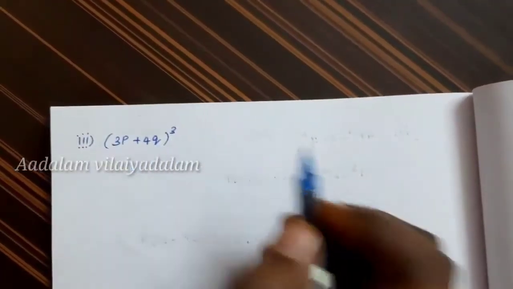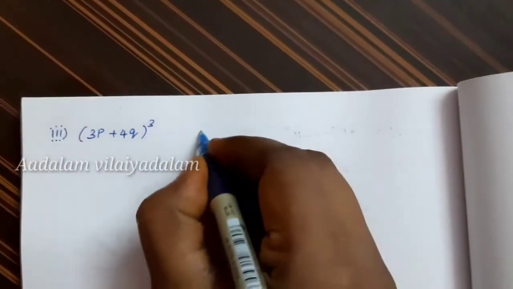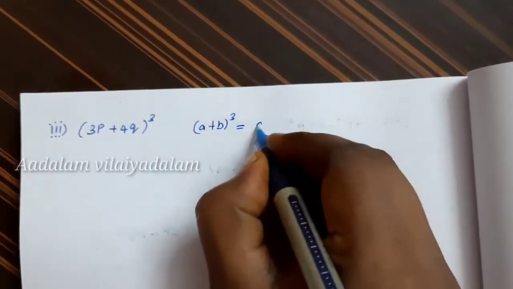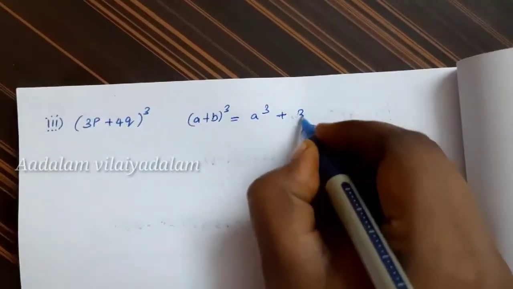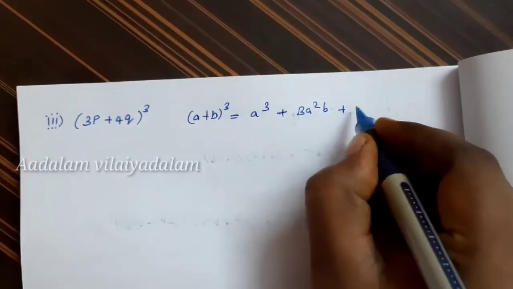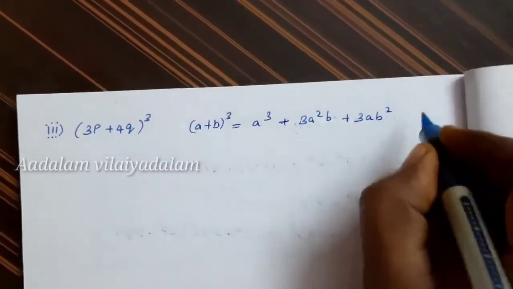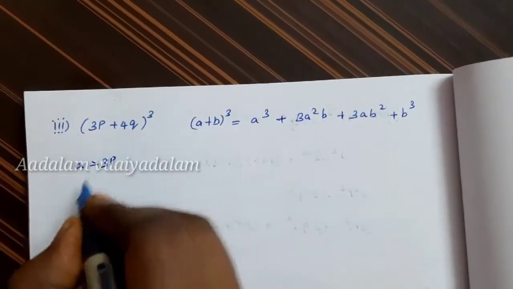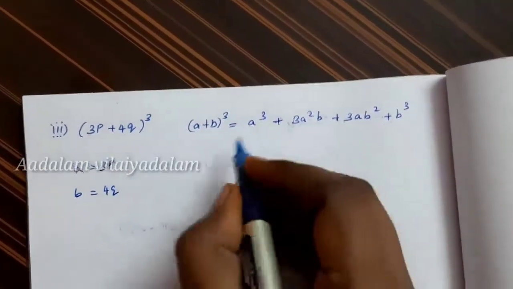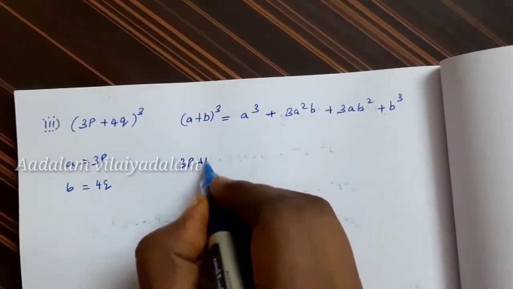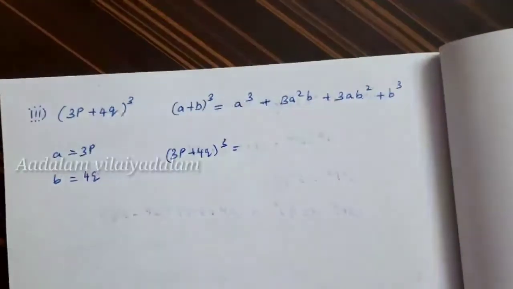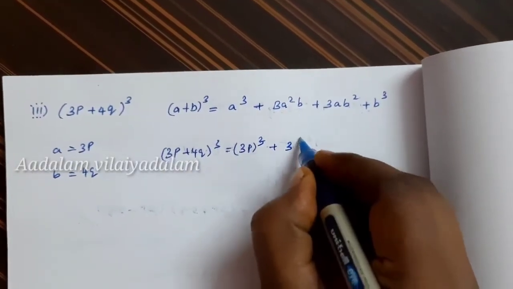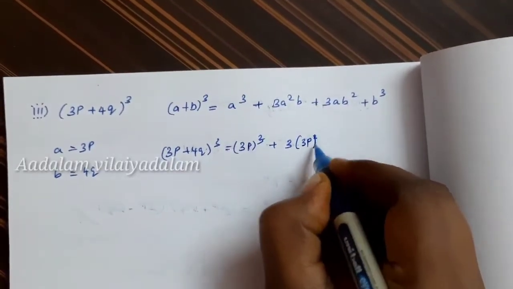Now the suitable formula for this: (a plus b) the whole cube equals a cube plus 3a square b plus 3ab square plus b cube. Here a is equal to 3p and b equal to 4q. Substituting this we get (3p) the whole cube and 3 into a square, (3p) square.